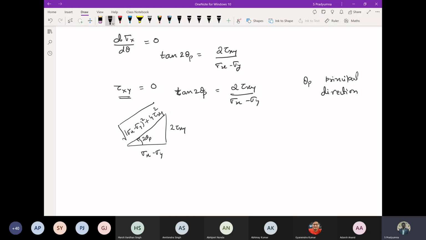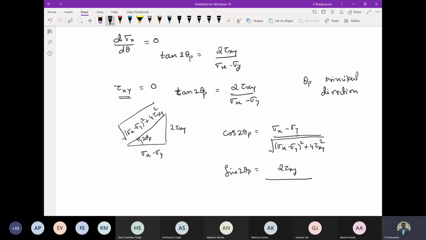So this is a triangle. Therefore, I can write that cos 2 theta p is equal to sigma x minus sigma y divided by the square root of sigma x minus sigma y squared plus 4 tau xy squared, and sin 2 theta p is equal to 2 tau xy divided by the square root of sigma x minus sigma y squared plus 4 times tau xy squared.